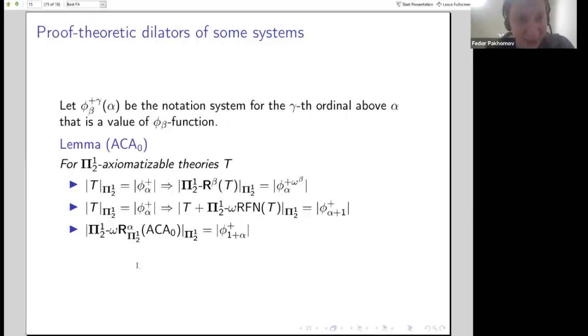Okay, so here we need an even more general notion of operator. Namely, we have this operator phi beta plus gamma of alpha. It may look a bit odd, but basically what this is, is that we have this ordinal notation system for gamma-th ordinal above alpha that is a value of phi beta.